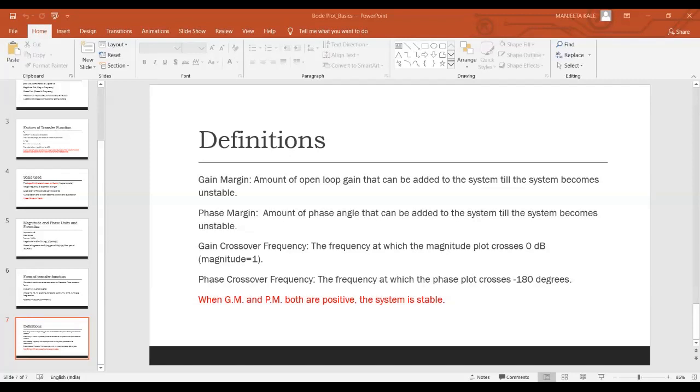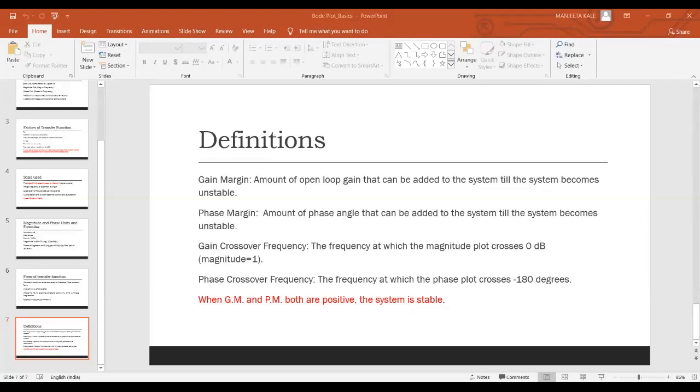If it is positive, then that type of system can be analyzed separately, which we will not be doing in our curriculum. So we encounter systems where the phase is greater than minus 180 degrees. That is why when the phase plot crosses minus 180 degrees, the frequency is known as phase crossover frequency.